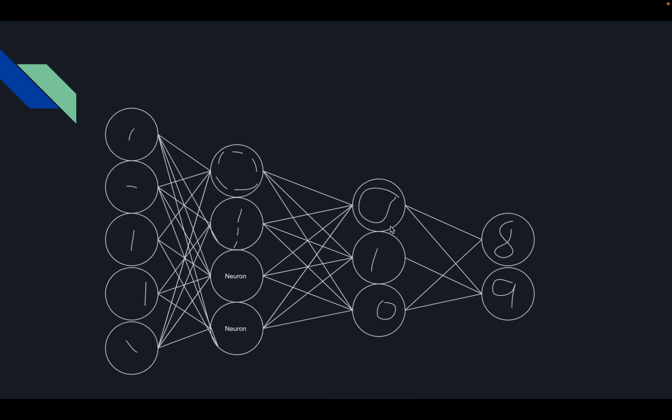If there is a circle and another circle, it combines to an 8. If there is a stick and a circle, it combines to a 9. I guess I shouldn't really put this connection in here, but just in case. That's how a neural net works.